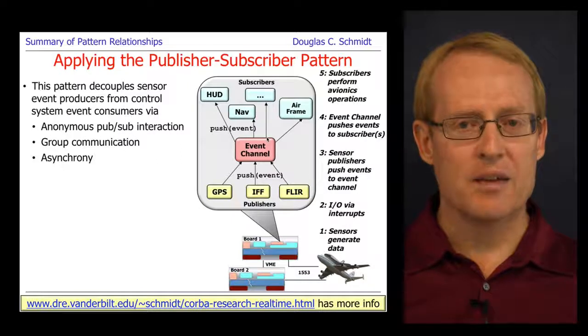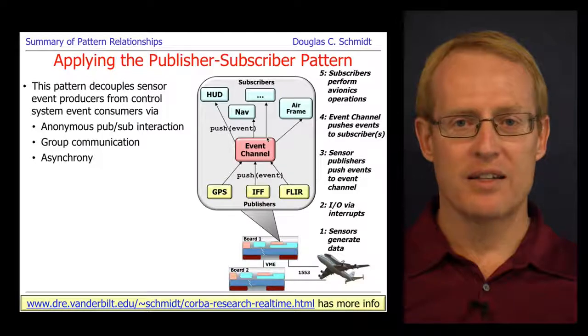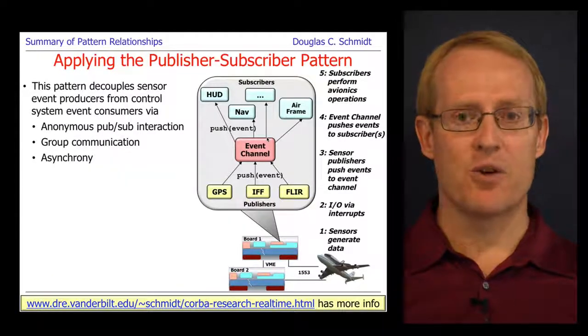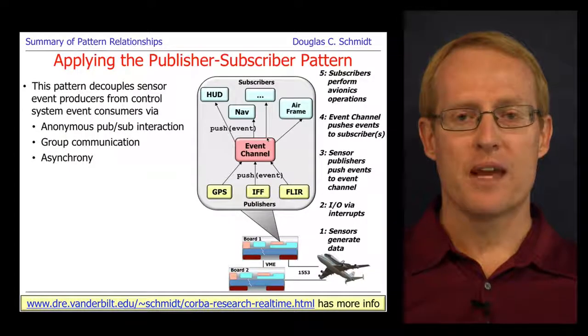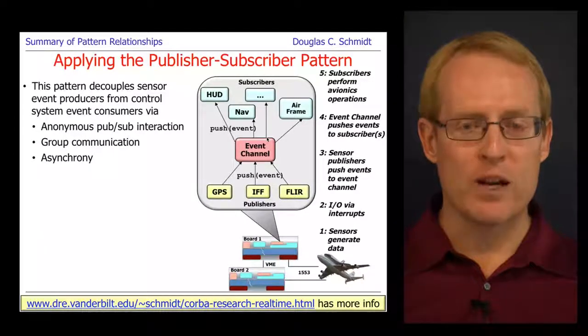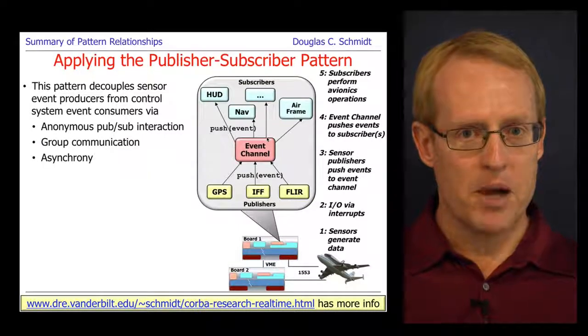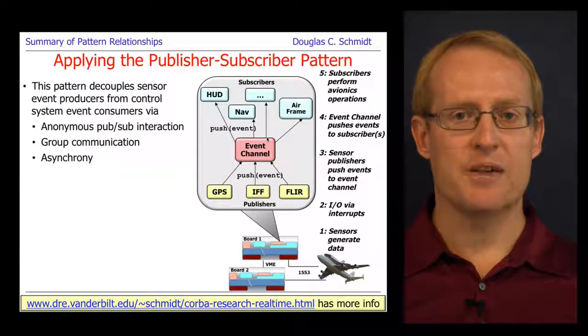When we applied publisher-subscriber to the avionics control system we worked on in the mid-90s, we started by refactoring the existing software, which at the time ran on a single processor board. And we took the existing code and we rearranged it, we refactored, re-engineered it, so we had publishers that were associated with the incoming sensor data.